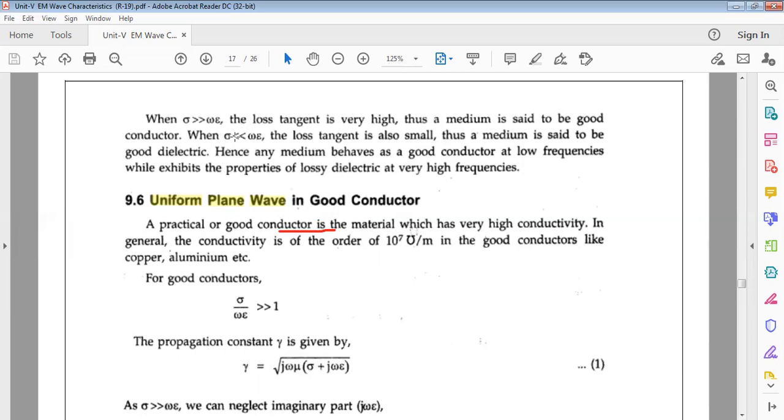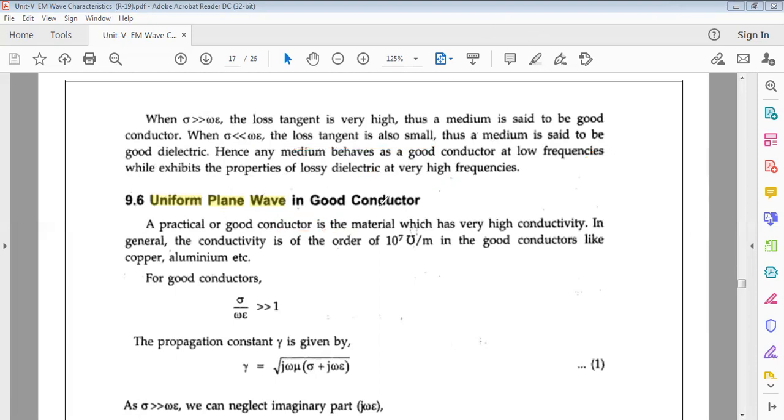Here sigma is very much less than omega epsilon, which means conductivity is very small compared to the permittivity term, and the loss tangent is also small. Hence, any medium behaves as a good conductor at low frequency, which exhibits the properties of a lossy dielectric at high frequencies. Okay, my dear students.